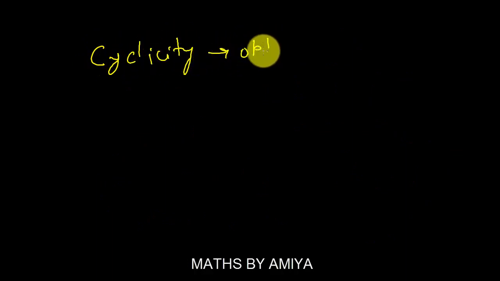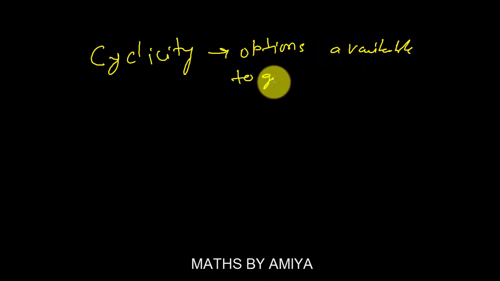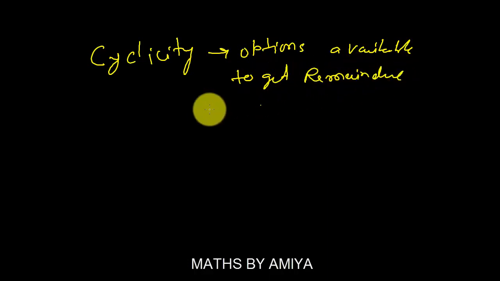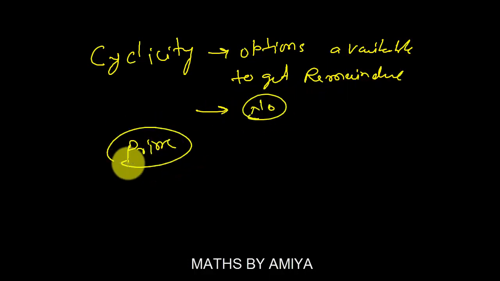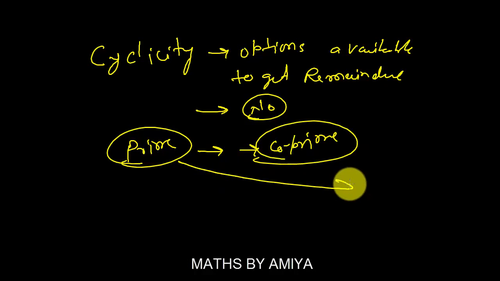So we can say cyclicity is nothing but the options available to get different remainders when divided by a number. So when a prime number divides another number which is co-prime to that prime, then the other options are nothing but prime minus 1.